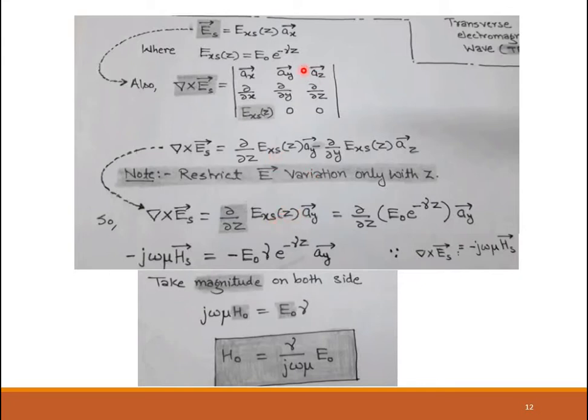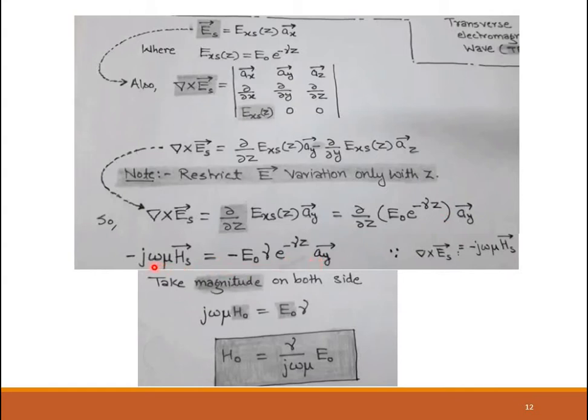In place of E_xs, I'm going to substitute this also. So what do I get? This is one expression. Along with this, based on Maxwell's equation, del cross E_s can also be written in this form. So I'm going to relate this with the term here. Minus j omega mu H_s is equal to, when you differentiate with respect to z, this is what you get.